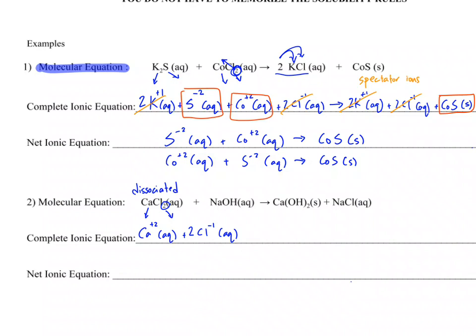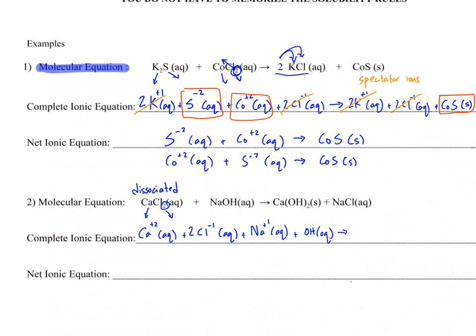So now I'm going to keep going. Sodium hydroxide breaks apart into Na +1, which is aqueous. And hydroxide is a polyatomic ion, which is going to be grouped together, also aqueous.